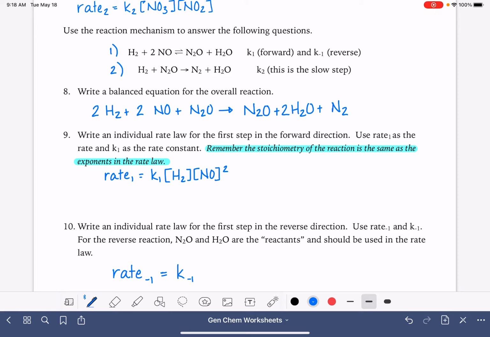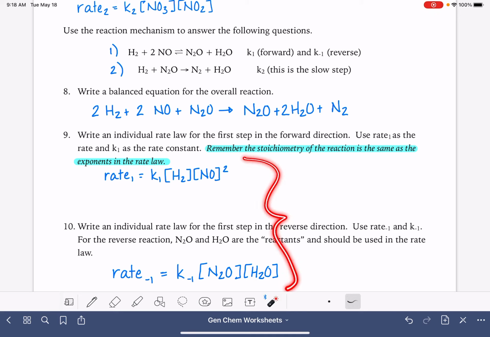Again, it's the first reaction moving in the backwards direction. If we're talking about the reaction going from right to left, then our reactants are the things that are on the right-hand side of the arrow, N2O and H2O. And we'll always do this every time we have an elementary step that exists in equilibrium. We'll write 2 rate laws, one for the forward and one for the reverse.